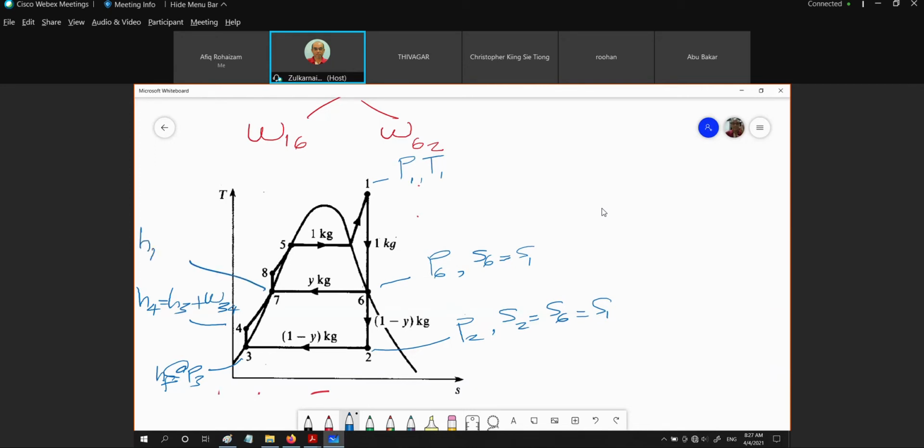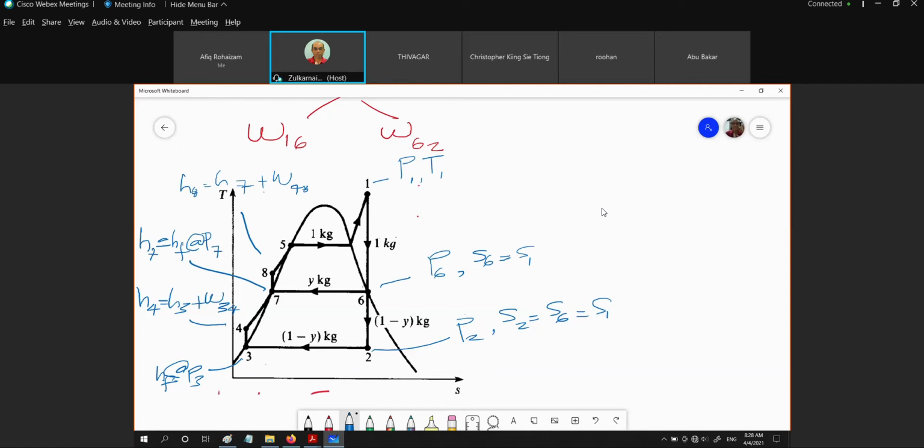H7 is equal to HF at P7, which is at the pressure of the bled steam. Okay, and how to get H8? H8 is equal to H7 plus W78.